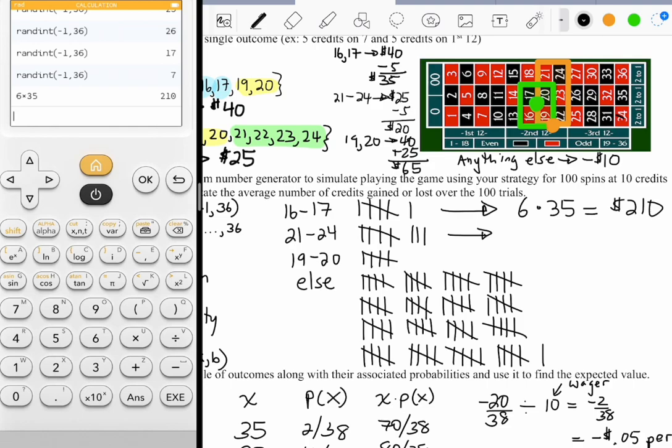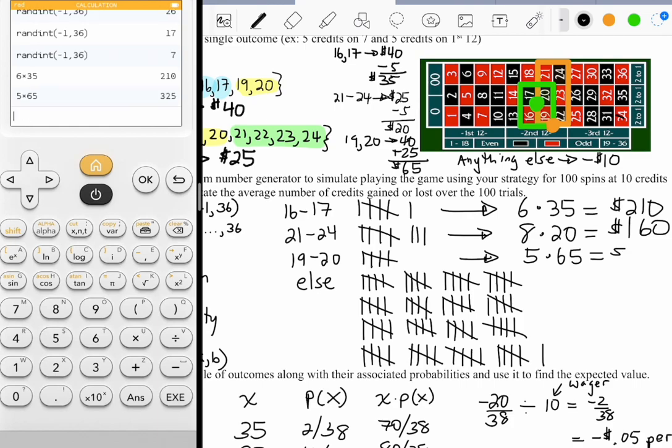That happened 8 times. That's $160. My grand prize, not so grand, only 5 outcomes, or 5 times that it happened. 65. 325.